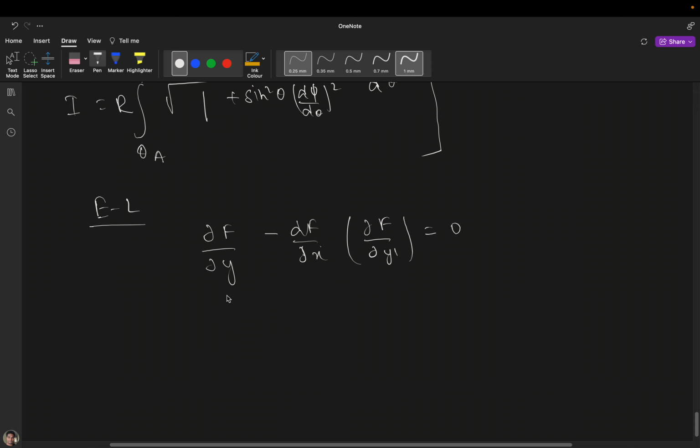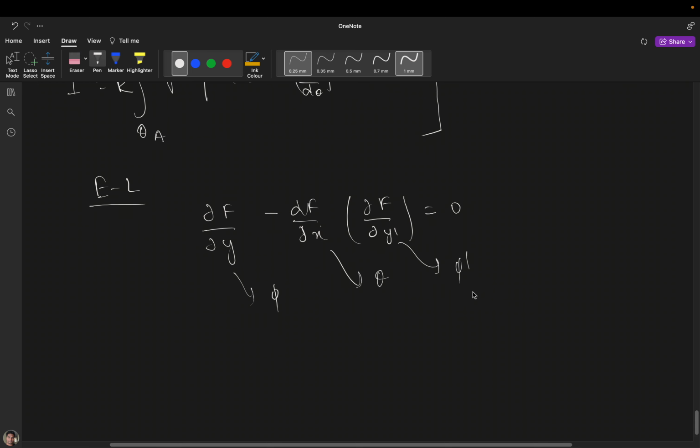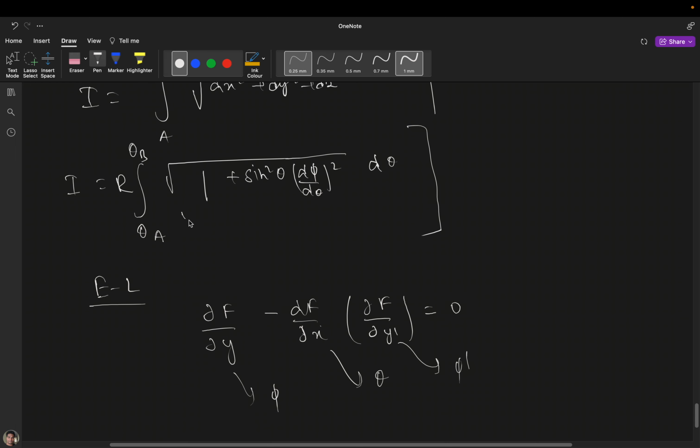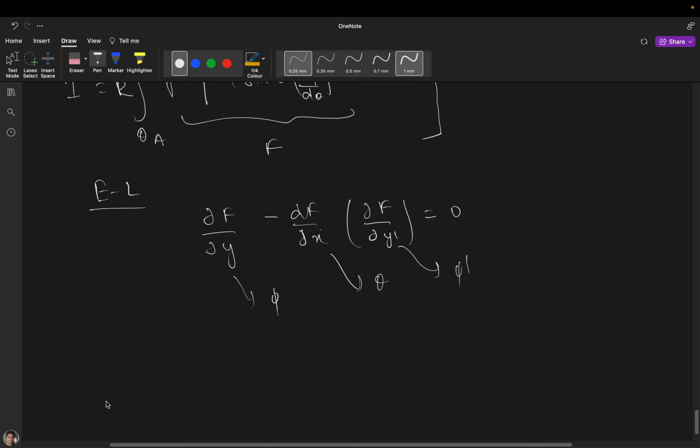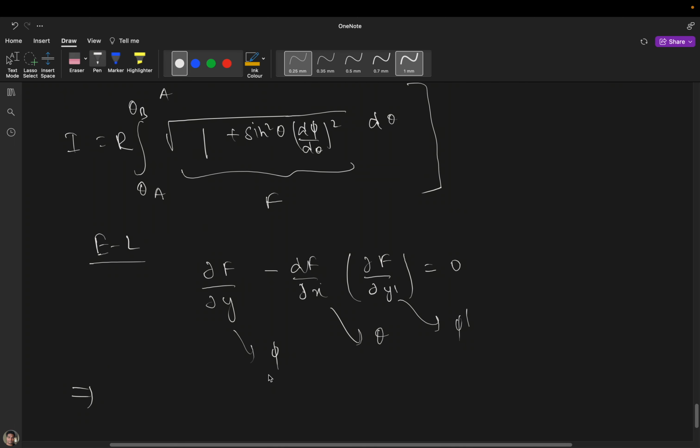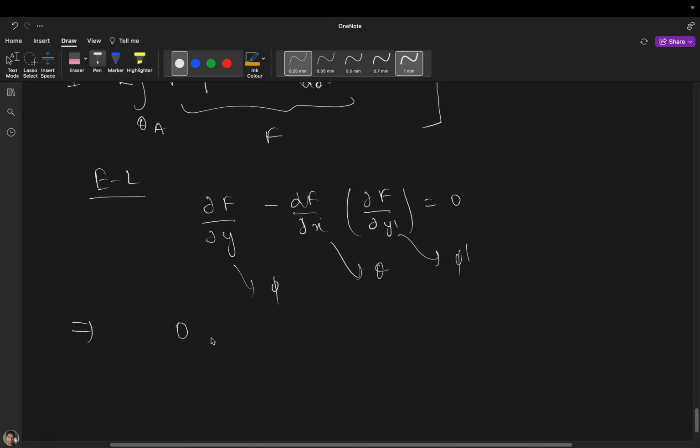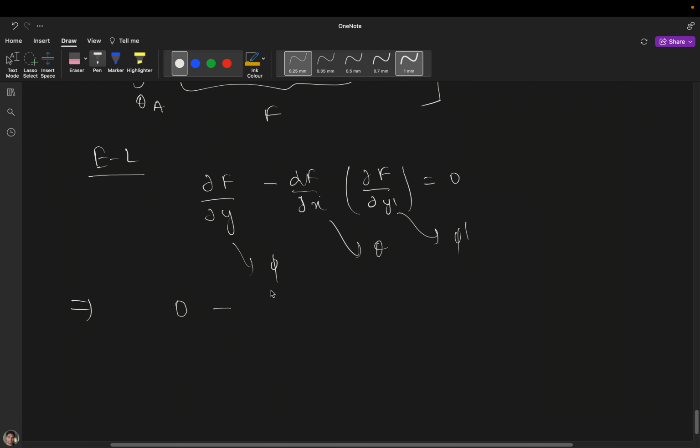Here in this case y is phi, x is theta, and y dash means phi dash. You can see that there is no expression of phi in f, so the first part will become 0. And it will be d, not del.